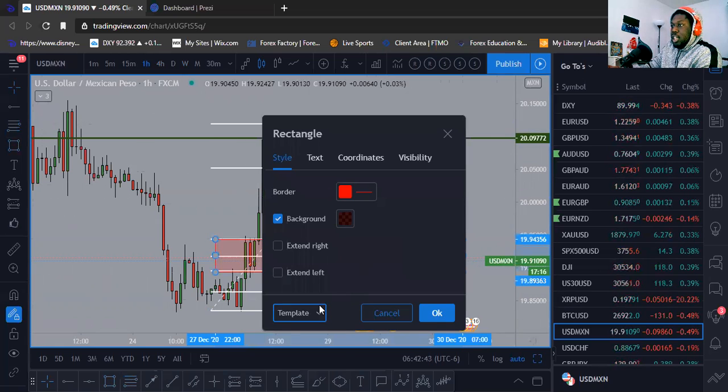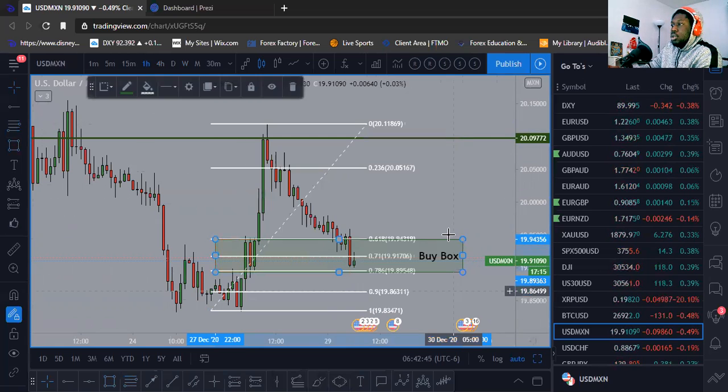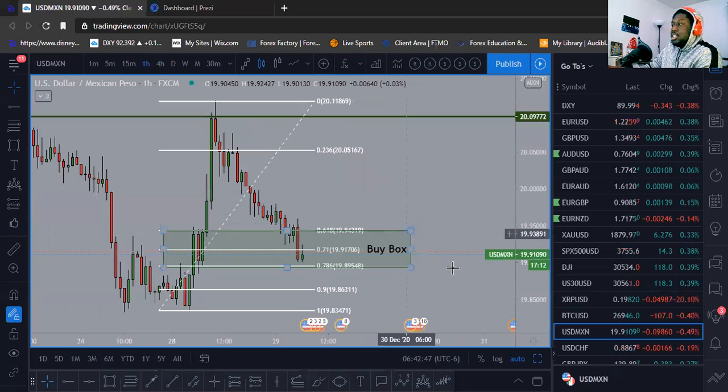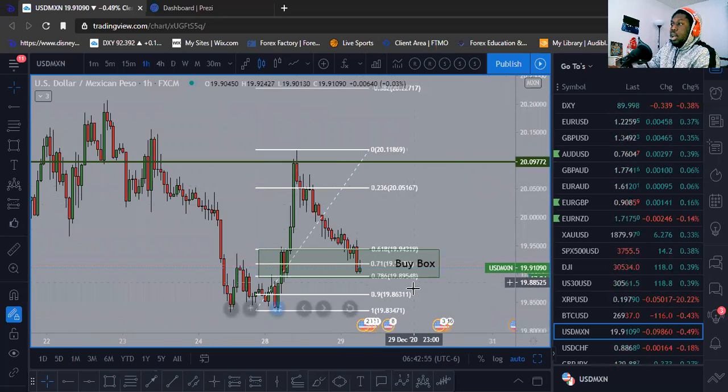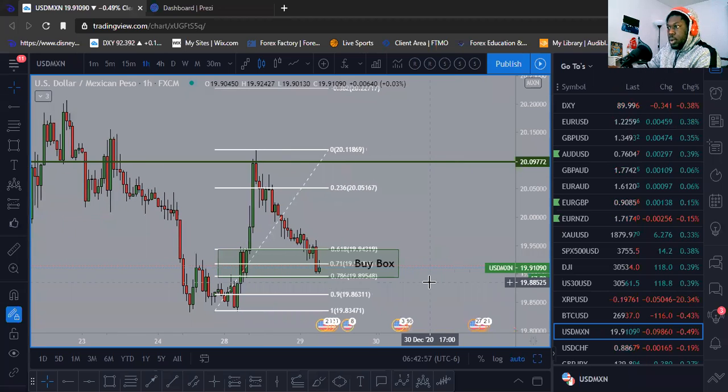But this is an exotic pair, so you want to not trade with a big lot size. You want to manage your risk well on this one. But yeah, I like this potential buy that's going to happen on USD Mexican. And if you take the buy, stop loss 19.83471.